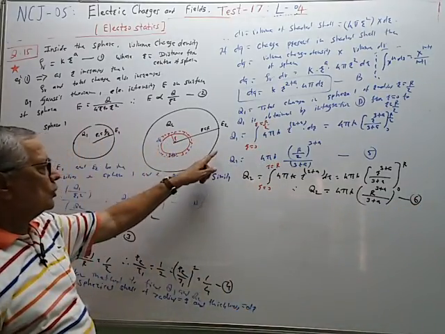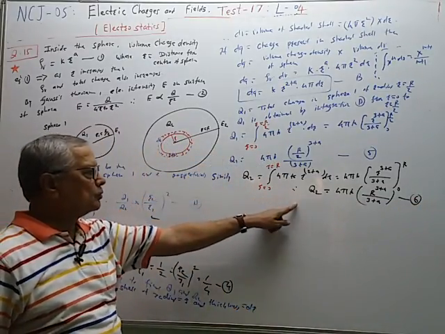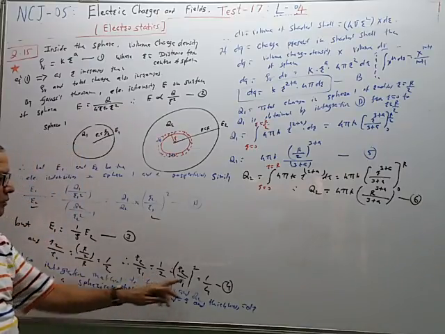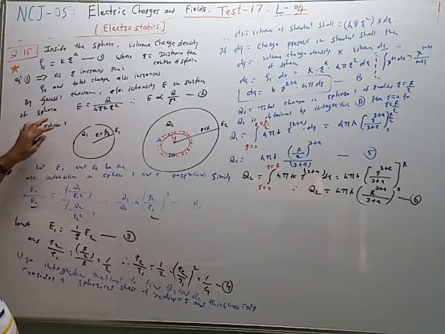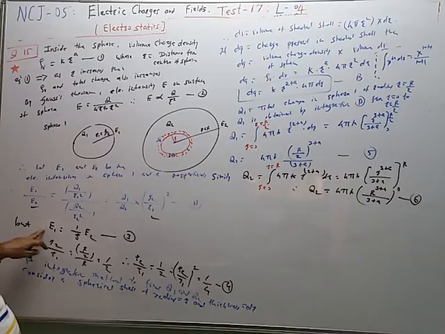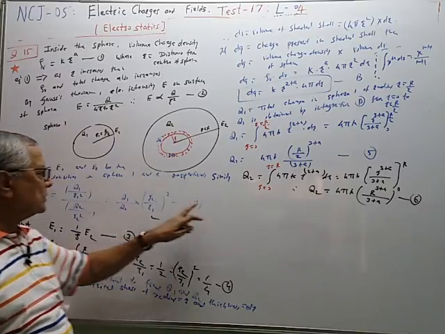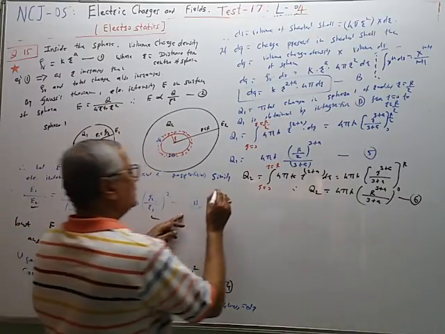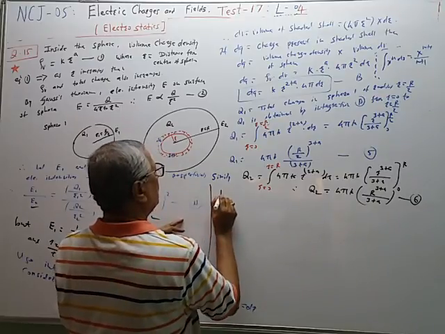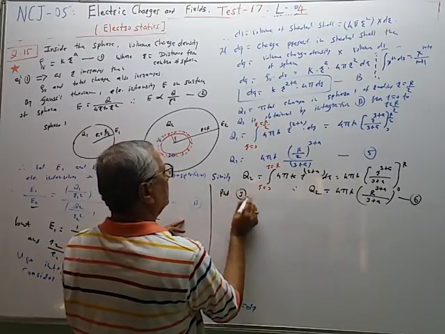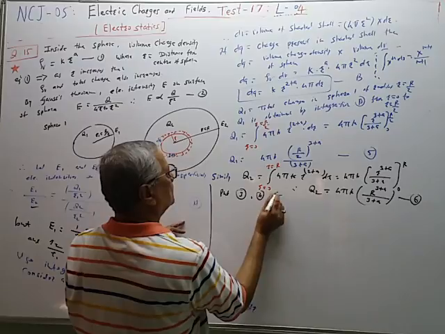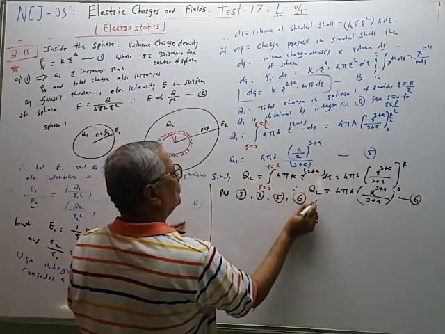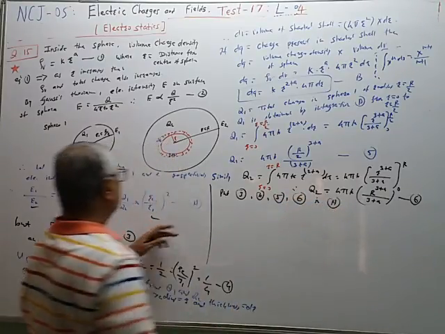So put Q1 from equation 5, Q2 from equation 6, R2 upon R1 from equation 4, and E1 upon E2 from this. So 3, 4, 5, 6 are substituted in the equation. Put 3, 4, 5, 6 in equation capital E.